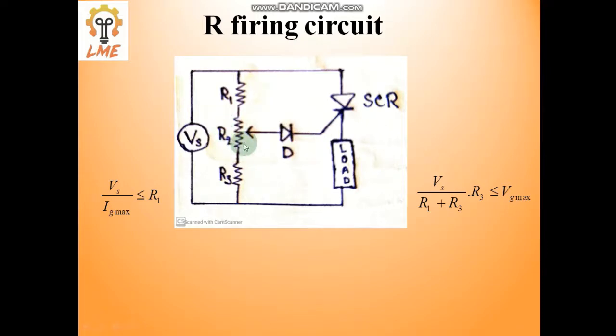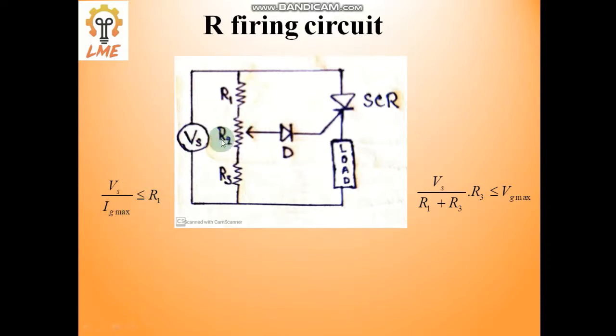So if R2 is 0 and R3 is none in this circuit, then R1 should be enough to limit the current to less than or equal to Ig max. That is why we have written this formula: supply voltage by Ig max should be less than or equal to R1. This formula we have to understand very well.